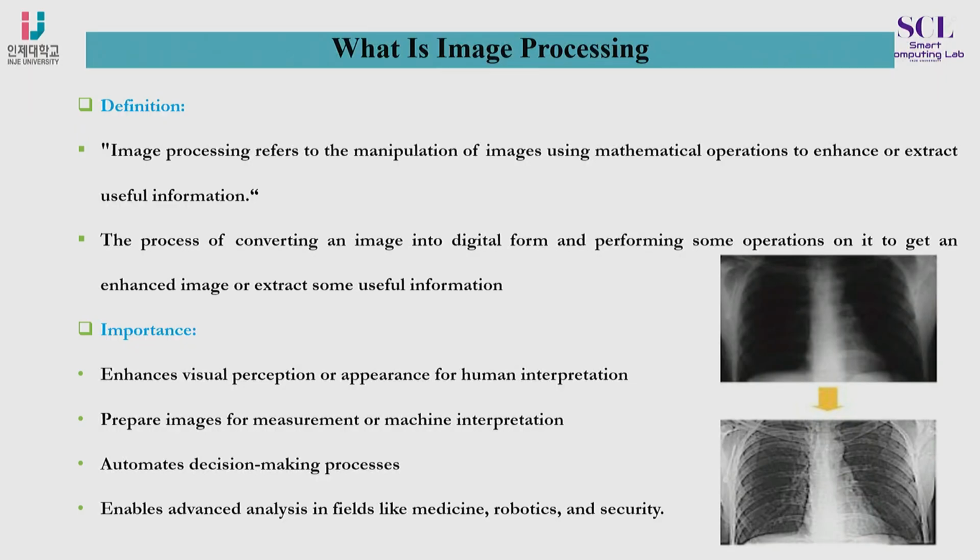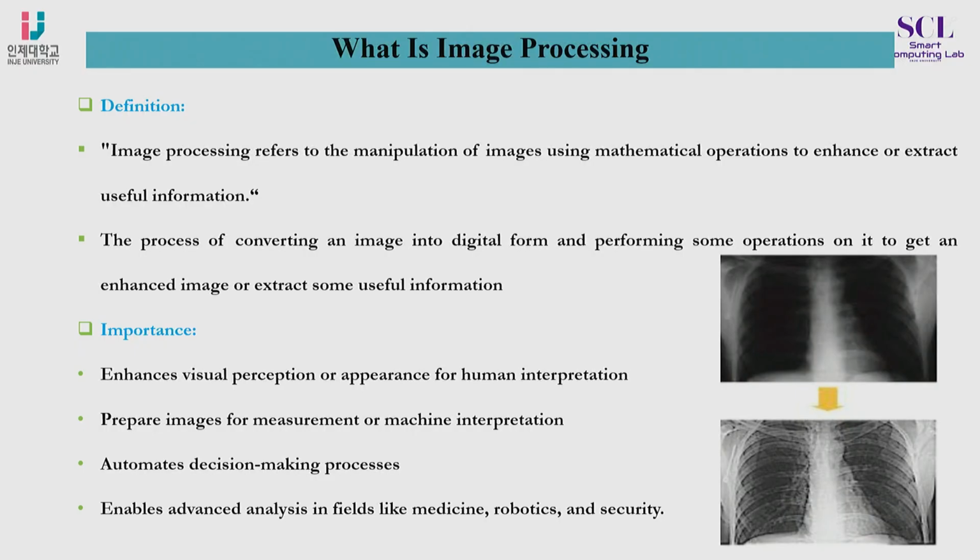Also, for example, in the medical field, the pathologist or the radiologist cannot see or visualize the tumor area or the fracture area in the image. In order to enhance the image and get useful information from it, we use medical image processing.